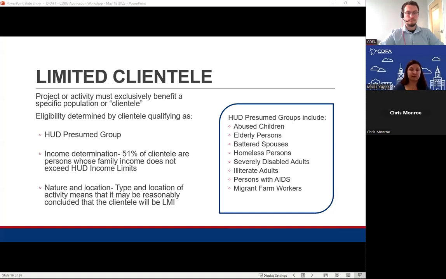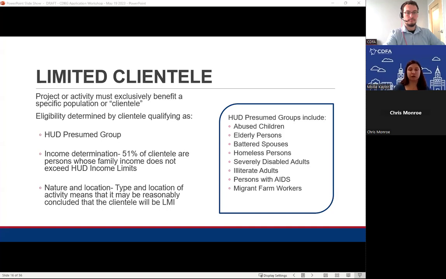You can see in the box on the right-hand side of this slide, it lists out who HUD has determined to be a presumed group. If the activity that you're seeking funding for benefits one of those groups of individuals, that automatically would make your project LMI eligible. The next way is through income determination.